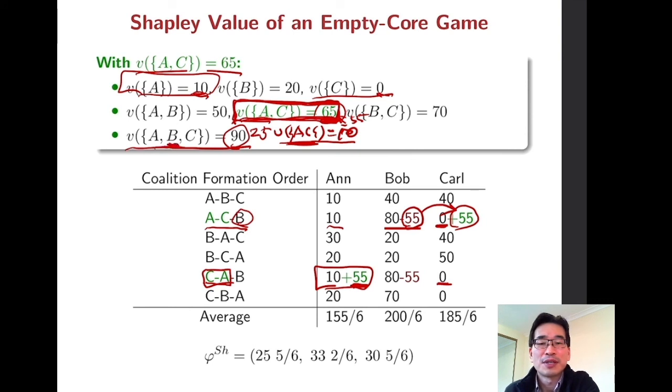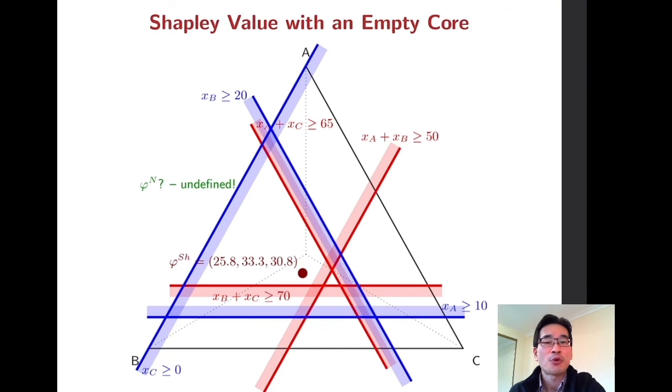The difference between 90 and 65 is just 25. So again, the marginal contribution that was assigned to Bob is now assigned to A. So anyway, we can find the Shapley value even in this game with an empty core. So the Shapley value is here.